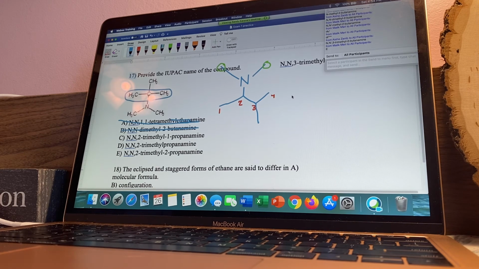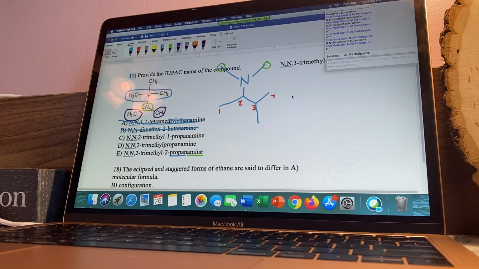And so now we're between all of these. And all it really comes down to is where is the nitrogen coming off of? So to break it down even more, propane, right? That's my blue. And then the amine is going to be green, propane, amine. And then I have 4 methyl groups.